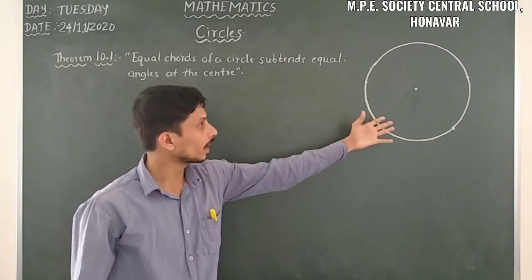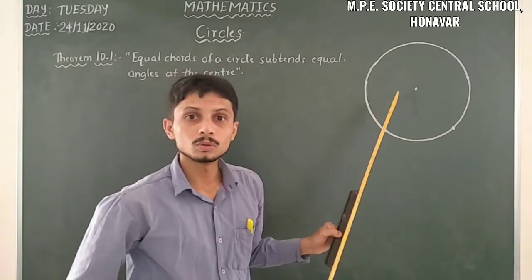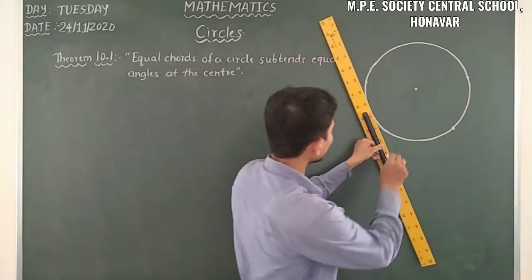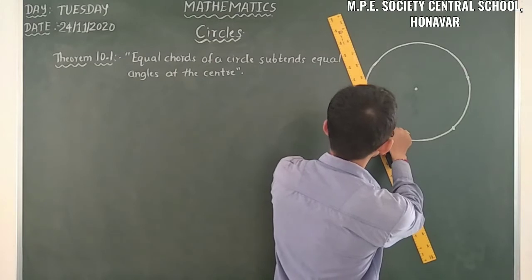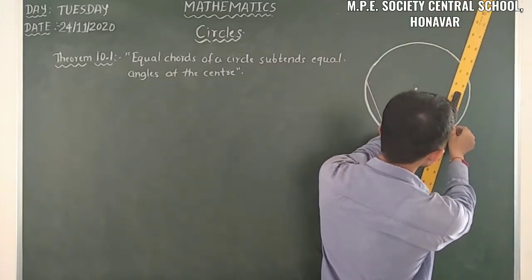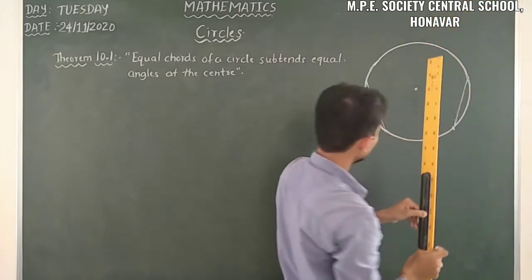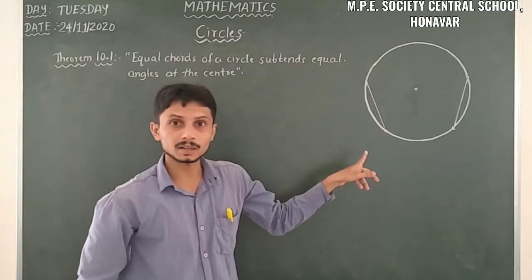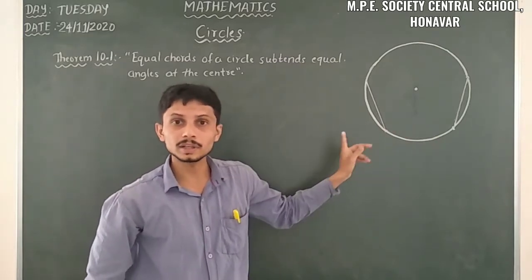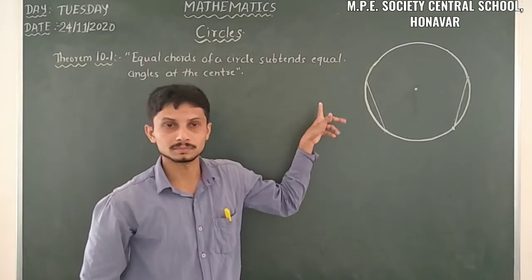For that we have to consider the circle. After that we have to take two equal chords. Here I will take one chord, and here I will take another chord. Those two I have previously marked because we have to take those two as equal. So it is given that the chords are equal.